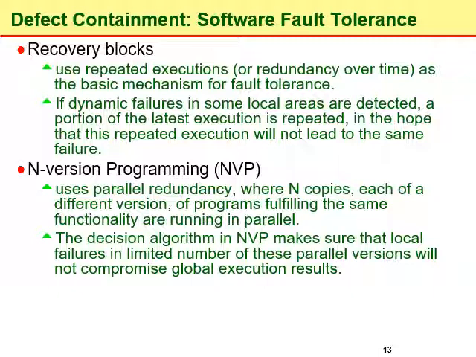Then N-version programming, which is also known as multi-version programming or multiple version dissimilar software, is a method or process where multiple functionally equivalent programs are independently generated from the same initial functional specifications.